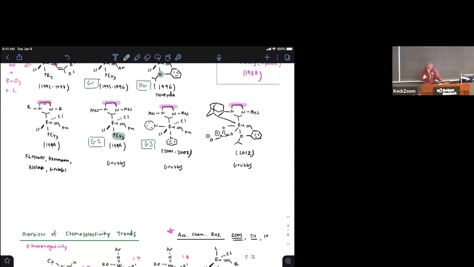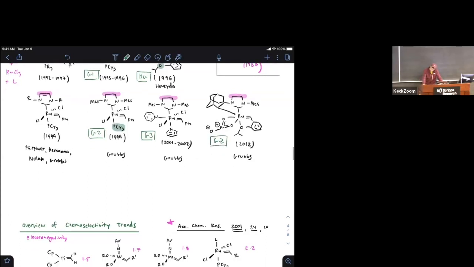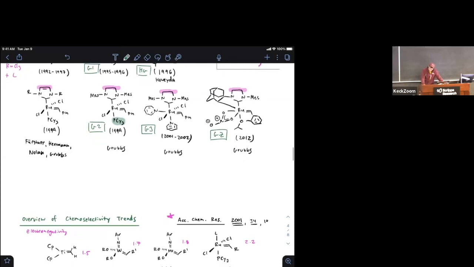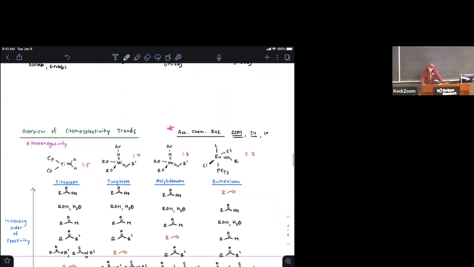And if you're following this literature closely, you'll know that in the past decade, there have been really significant advances in kinetically Z- and E-selective catalysts. So I've drawn here the kinetically Z-selective catalyst. It's such a bizarre-looking organometallic complex. There's a whole lecture just on this Z-selective catalyst. But just so you know, if you want to do a cross metathesis with controlled E or Z stereochemistry, there are catalysts out there to do that for you.